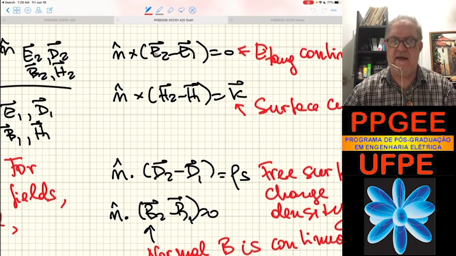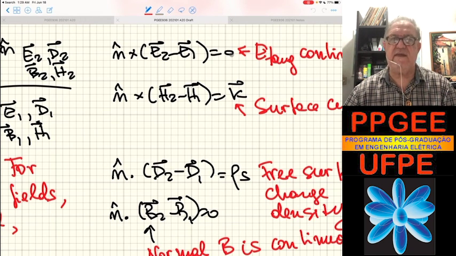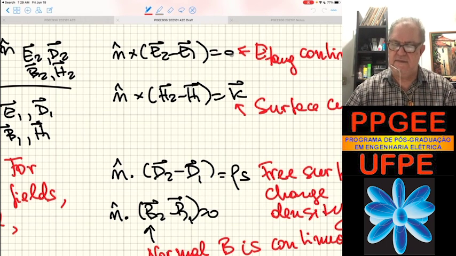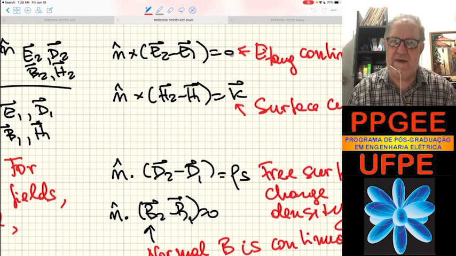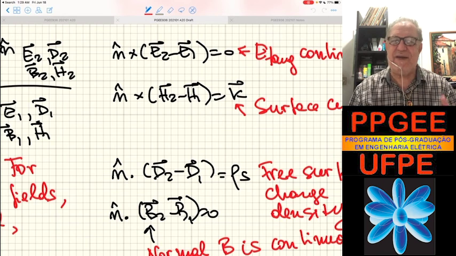N cross E2 minus E1 equals 0, tangential field is continuous. It doesn't mean tangential, right? Because the E field is not a geometric entity. So I cannot even draw it in space. Because for the E field, each component has two numbers, real and imaginary parts.